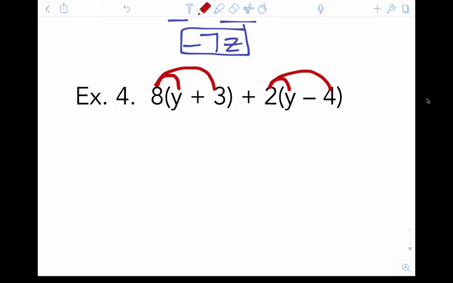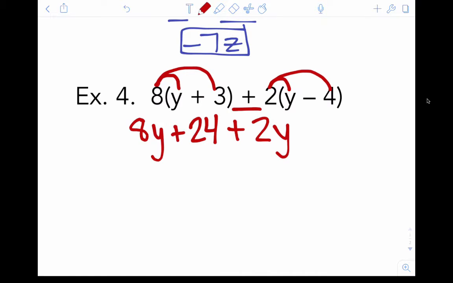So for this first set of parentheses, I have 8 times the quantity y plus 3. So I have 8 times y plus 8 times 3, which is 24. Then I have this plus sign. And now I have 2 times y, so 2y, and 2 times negative 4, because I need to look at the sign in front. And so that's negative 8.